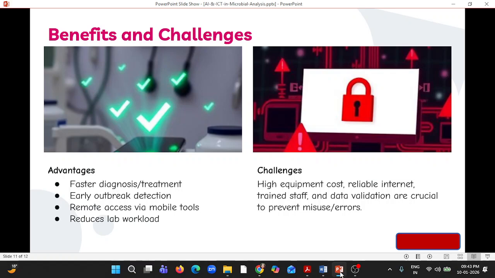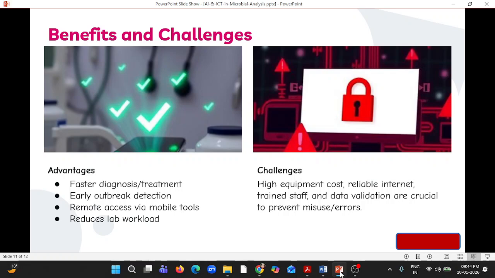Though AI and ICT are useful, they have two sides: advantages and challenges. AI-based analysis is faster, gives early outbreak detection, allows remote access via mobile tools, and reduces lab workload, but it requires high equipment cost.